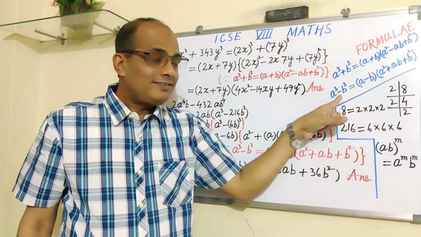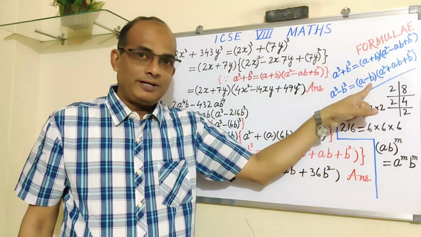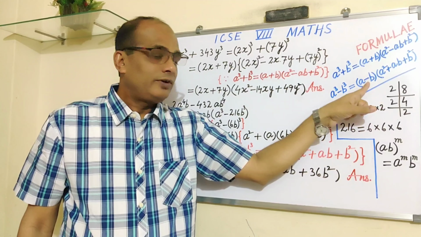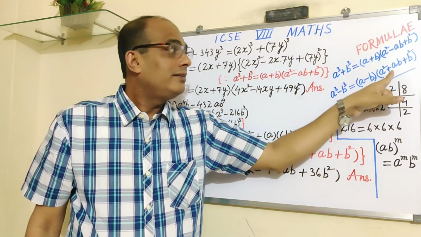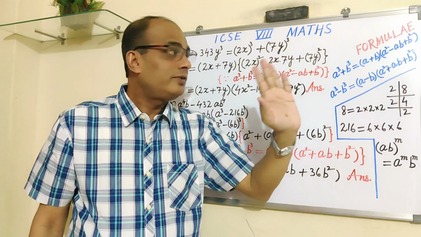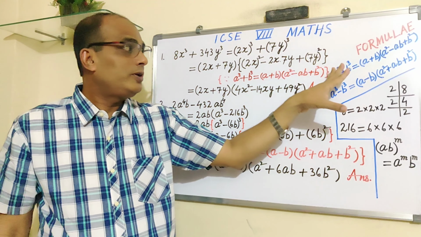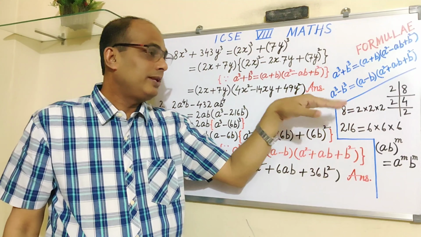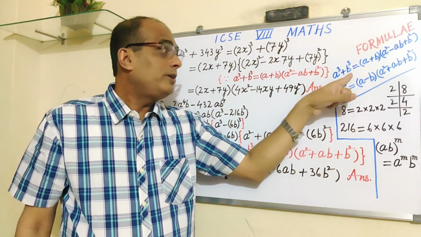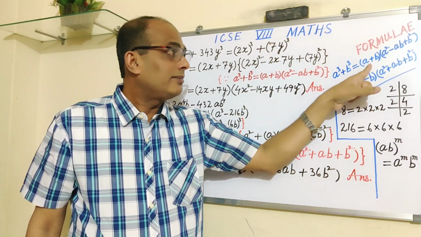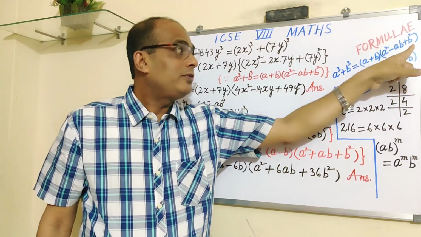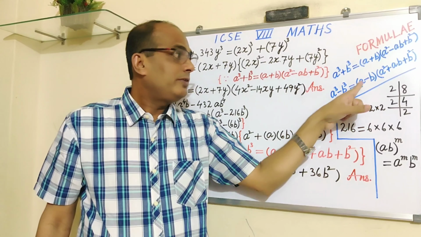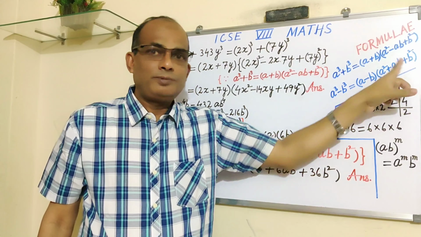When you have minus here, then in the first bracket a minus b, here you write down minus, and here this becomes plus. So see the similarity. How will you remember? If you remember one formula, then you can write down the other formula on the basis of similarity. So a cube plus b cube is equal to (a plus b)(a square minus ab plus b square). Now a cube minus b cube is equal to (a minus b)(a square plus ab plus b square).